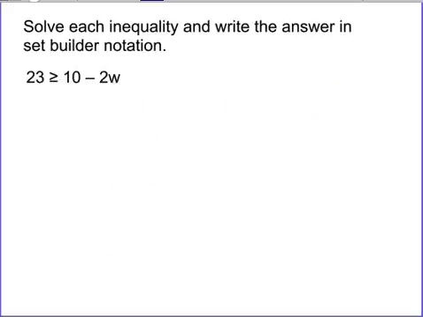All right, same instructions here. Solve the inequality and write it in set builder notation. So 23 is greater than or equal to 10 minus 2w. First step, subtract 10. So 13 is greater than or equal to negative 2w. Divide by negative 2.